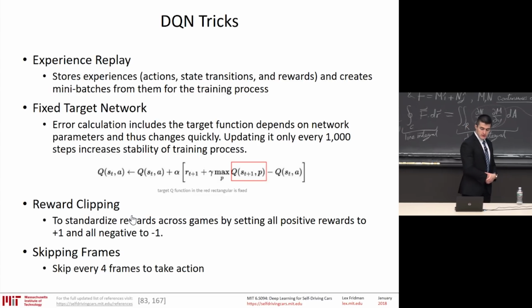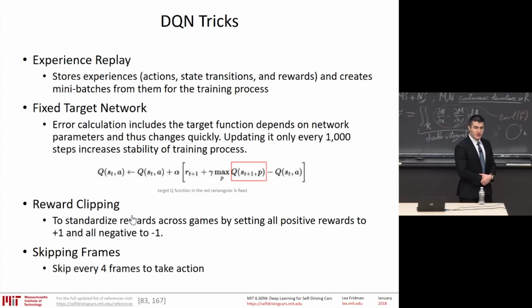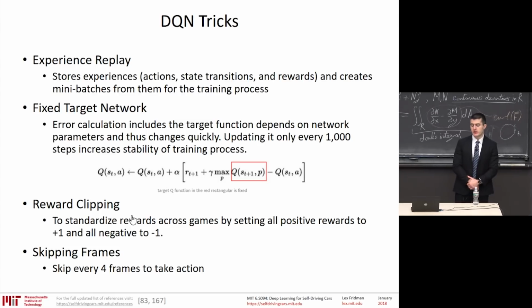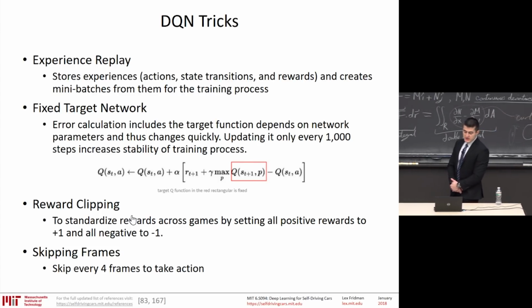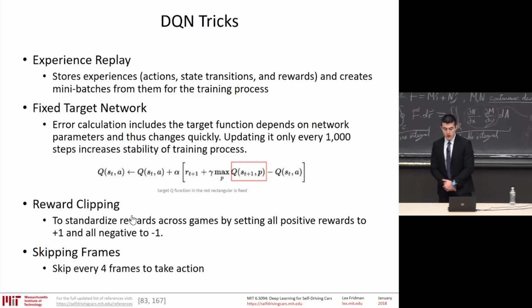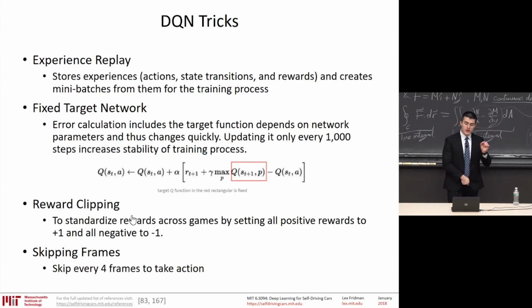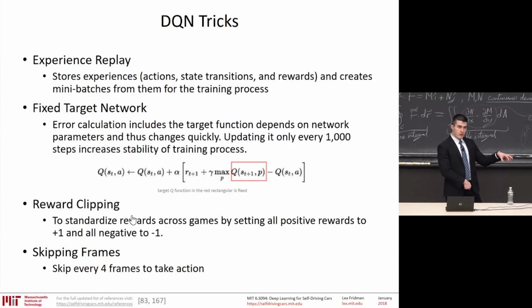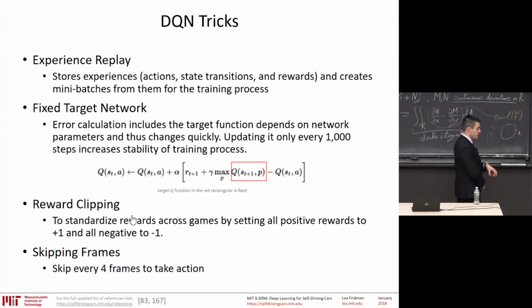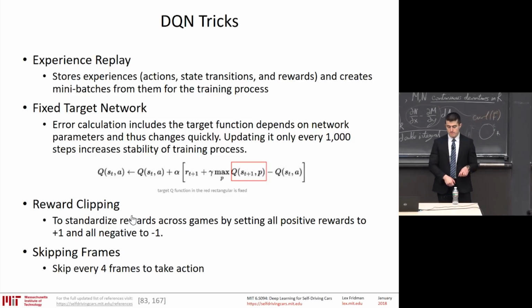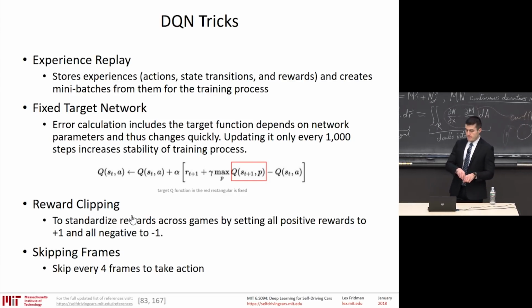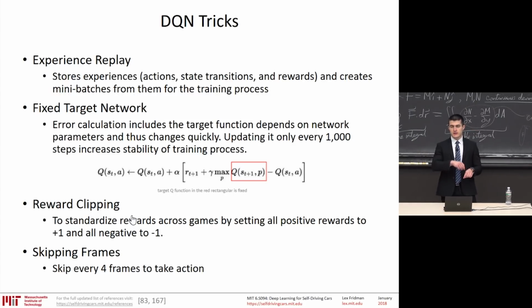Another important, again, subtle trick, as in a lot of deep learning approaches, the subtle tricks make all the difference, is fixing the target network. For the loss function, if you notice, you have to use the neural network, the single neural network, the DQN network, to estimate the value of the current state, an action pair, and the next.